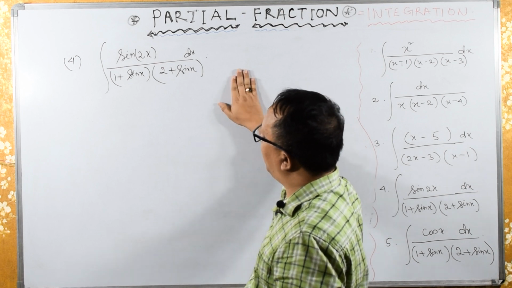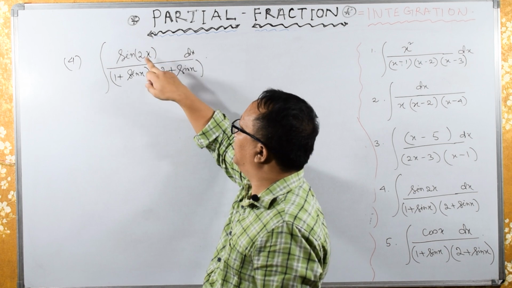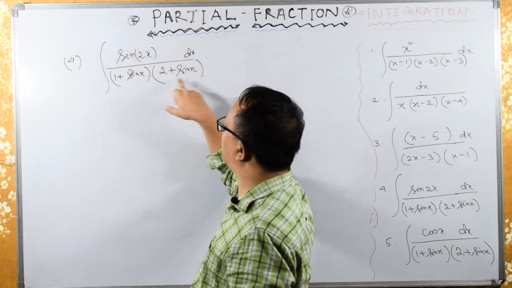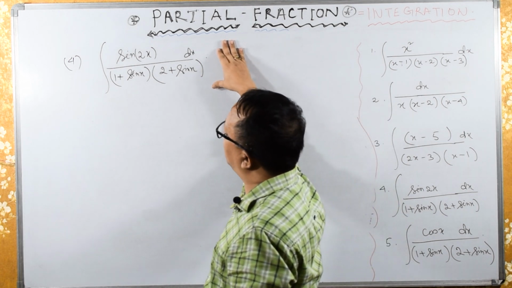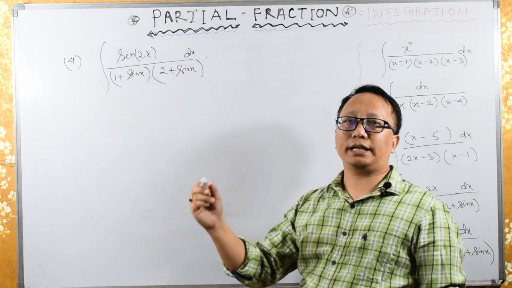Look here. Now in the numerator we have sine of 2x. The angles are different: here sine of 2x, here sine of x and sine of x. Now try to break this angle. What is sine of 2x? Sine 2x equals 2 sine x into cos x.